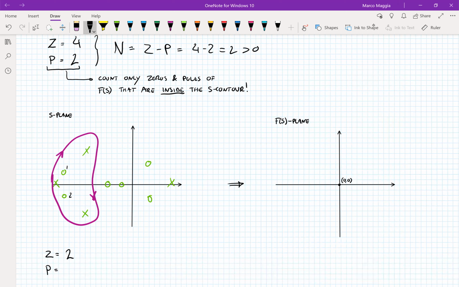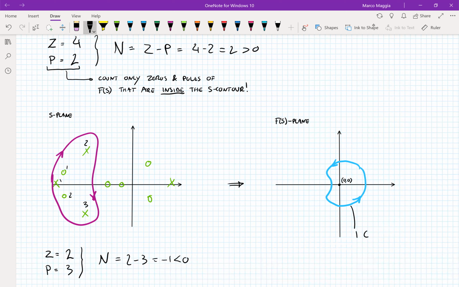How many poles? We have 1, 2, and 3, so P is equal to 3. Therefore, how many times will we encircle the origin in the transformed plane? 2 minus 3 is equal to -1, which is negative. So we're going to encircle the origin 1 time counterclockwise. There we go.